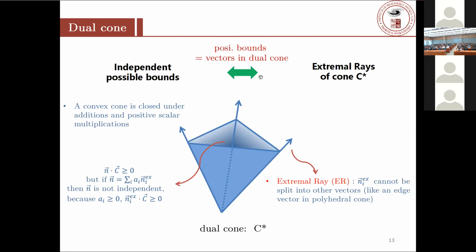So any vector in the cone that we can decompose into other vectors cannot be independent. There is an extreme ray, which is defined as a vector that cannot be split into other vectors. It is just like edge vectors in a polyhedral cone. So we know the extreme rays should be independent, and for us it is enough to find all extreme rays in the dual cone.